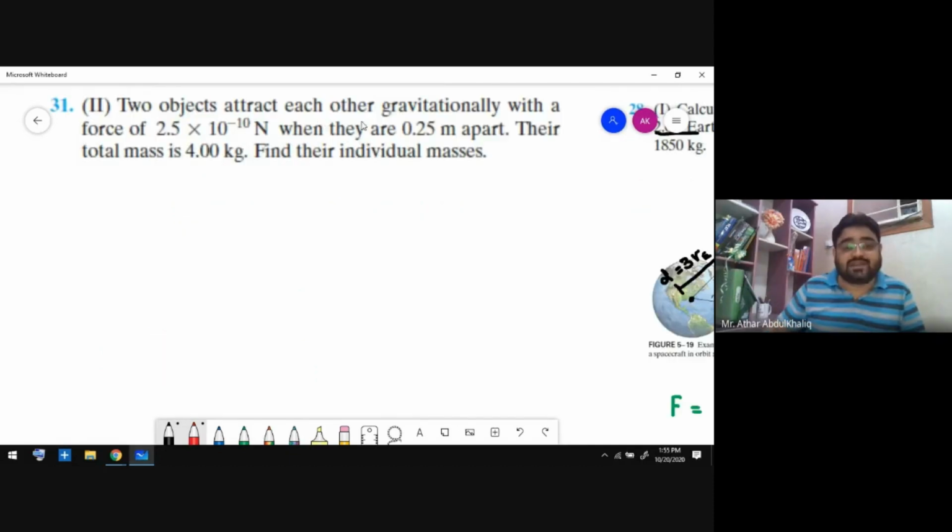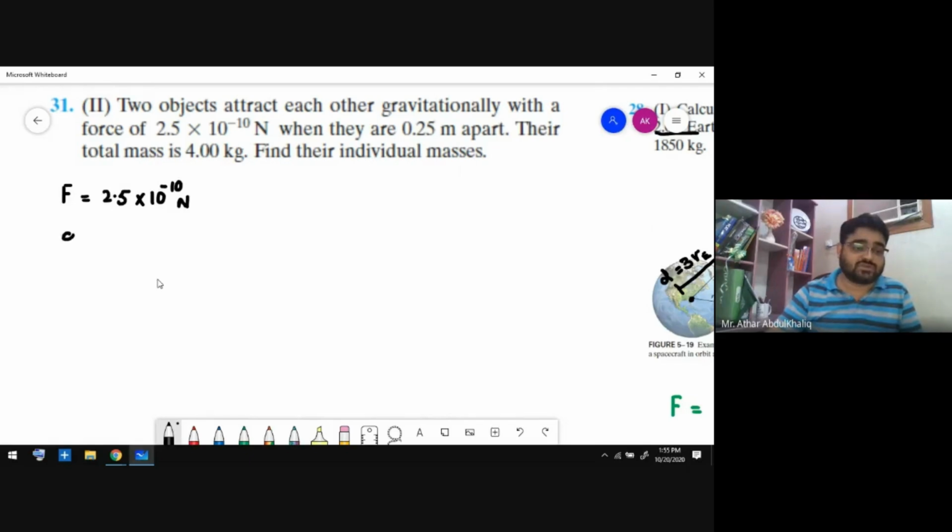Two objects attract each other with a force. So first thing given to us is the force. So I am just going to write the given data. I have been given the force, that is 2.5 times 10 to the power negative 10 Newton. Now they are saying that they are 0.25 meter apart.